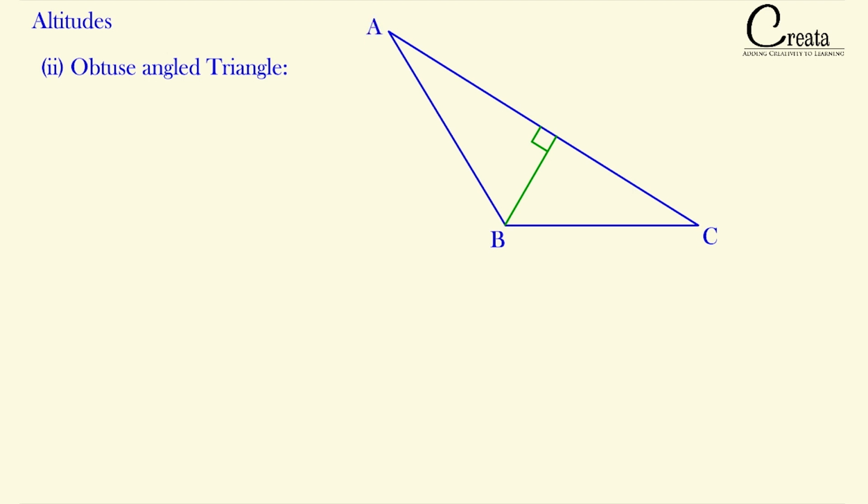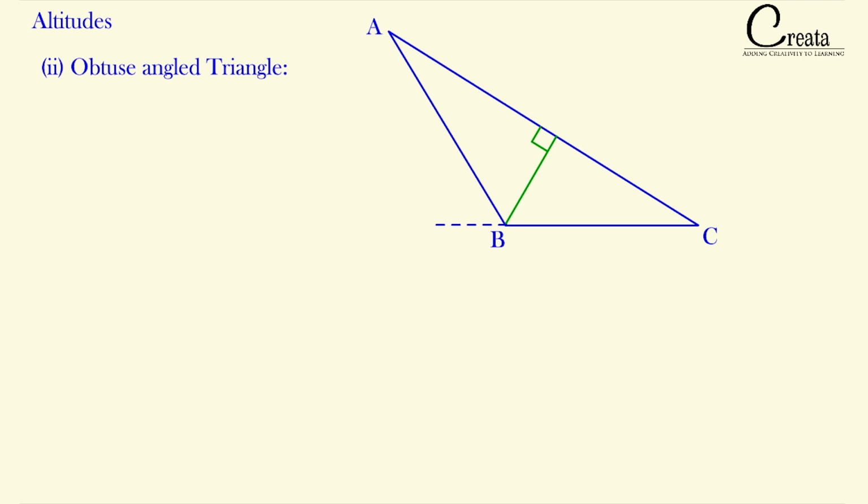Now, how to do so? If we draw a random line segment from the vertex A to the side BC, none of these line segments are perpendicular to BC. None of these lines make an angle of 90 degrees with the side BC. So how to draw the perpendicular to the side BC which touches the vertex A? For that, we have to extend the side BC.